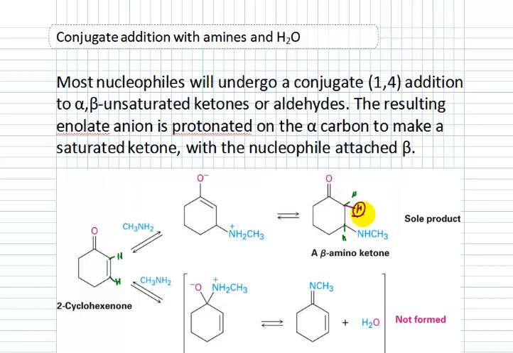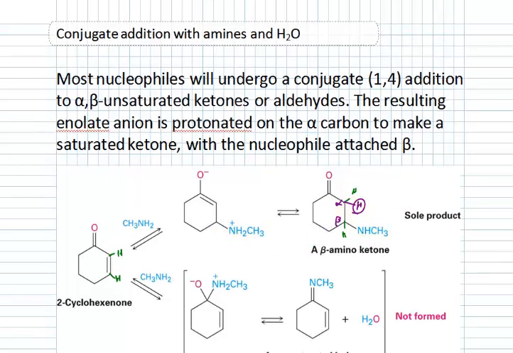So our addition occurred between the alpha and the beta carbons. Okay? And it's just a matter of proton transfer and so on in order to get it there. So we end up with a neutral product, which is a beta-amino ketone. The nucleophile has added to the beta carbon. We've protonated on the alpha carbon. It was by way of a proton transfer that occurred.